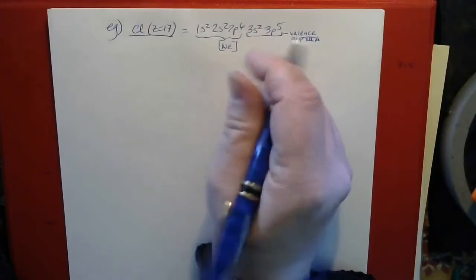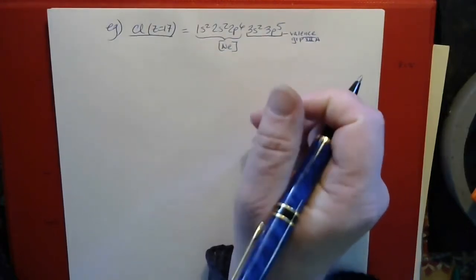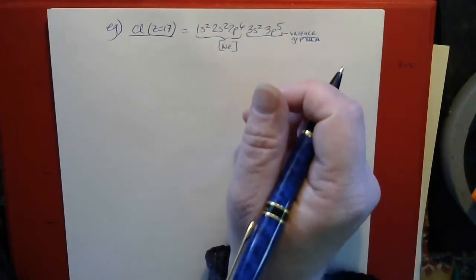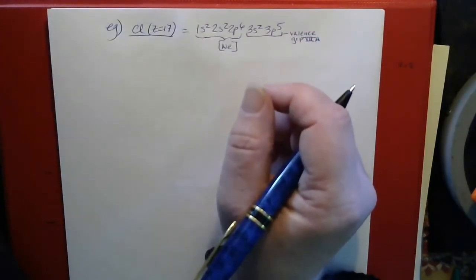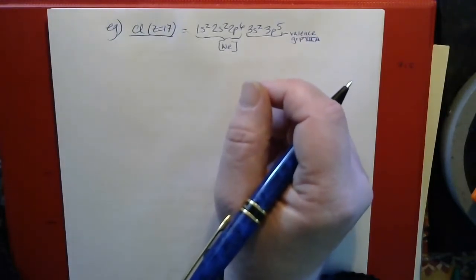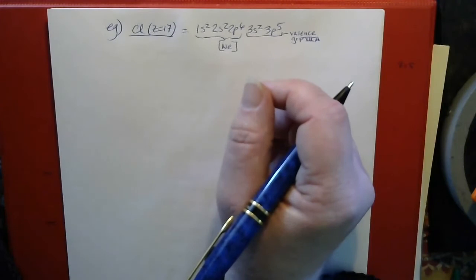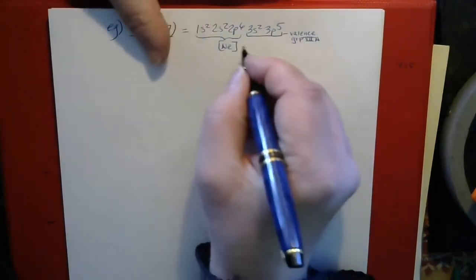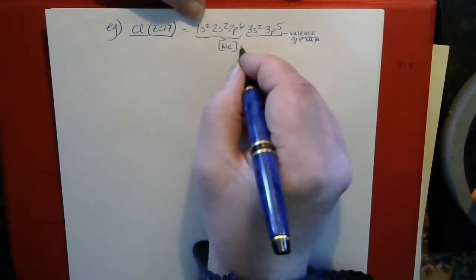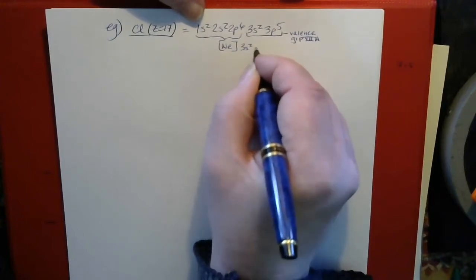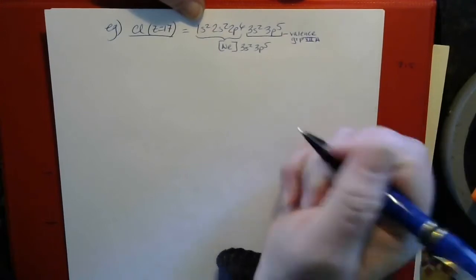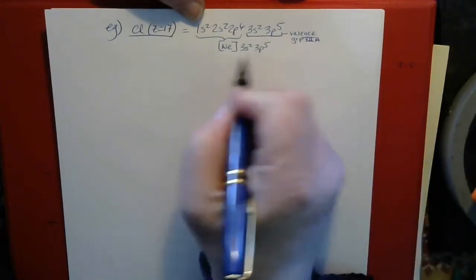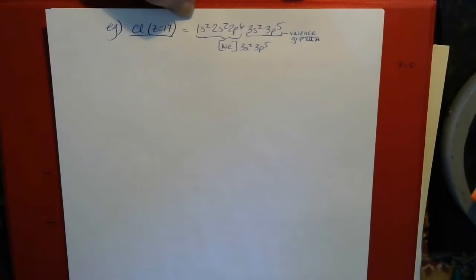So essentially what you're doing for most noble gas abbreviations of electron configurations is you're writing the symbol for the last previous noble gas, and then you're writing the valence shell for the element that you're dealing with. So for chlorine, that would be neon 3s2, 3p5. So that would be using the noble gas abbreviation.